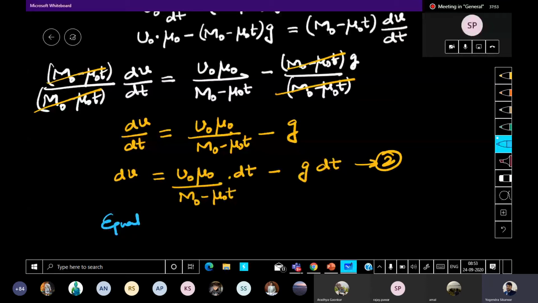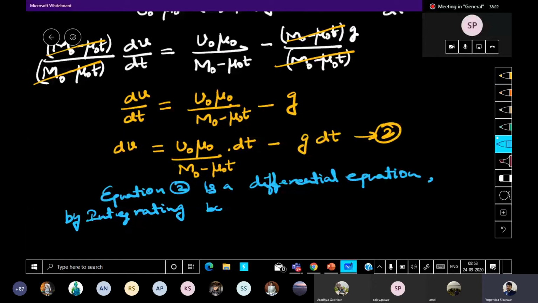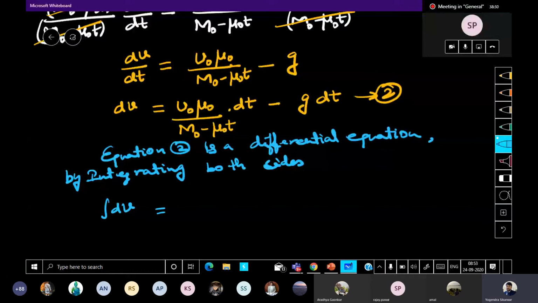So by integrating both sides, I am now solving it. Integration of dv is equal to, u naught mu naught is constant, so you can take it out of the integration, integration of dt upon m naught minus mu naught t, minus g is constant, you can take it out, g dt.